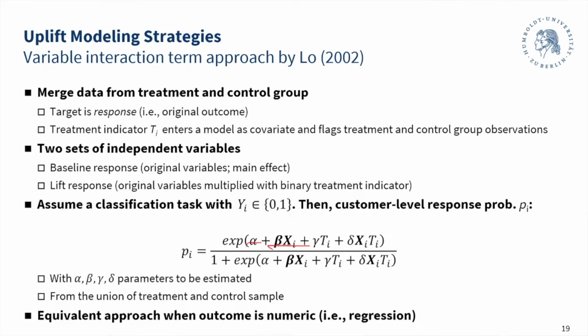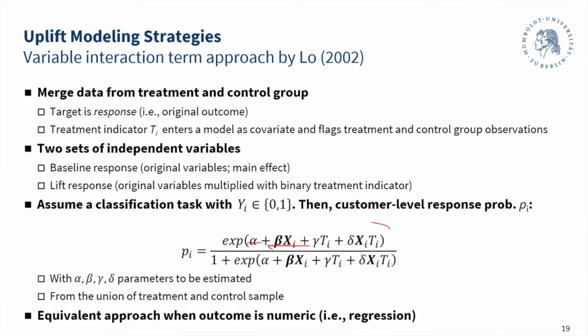Then we have gamma ti. Gamma is just a regression parameter, the parameter of the treatment effect, the binary variable, which is 0 or 1, depending on whether a customer was part of the treatment or control group. By the way, we merged the control group and treatment group data together before building this model, using the variable interaction term approach. Previously we had them apart, now we merge them together. Then we estimate this model.